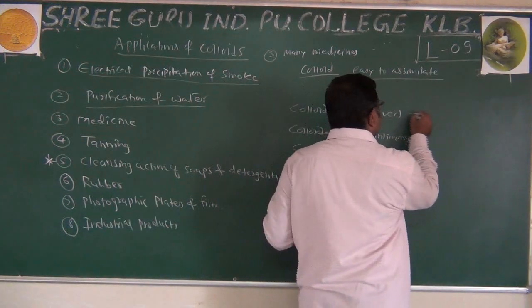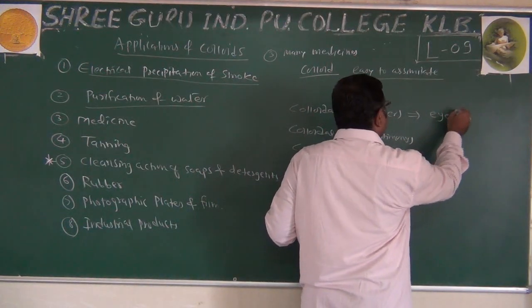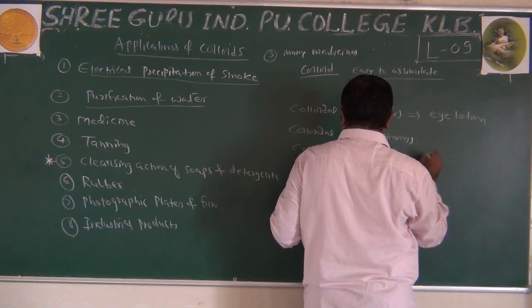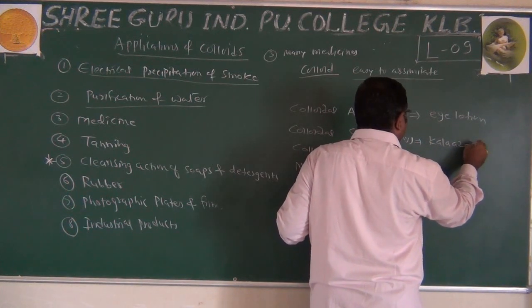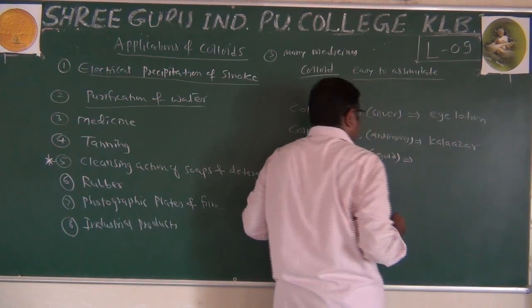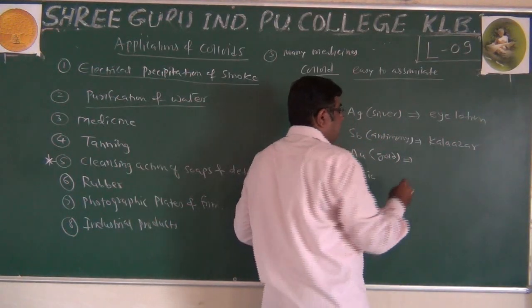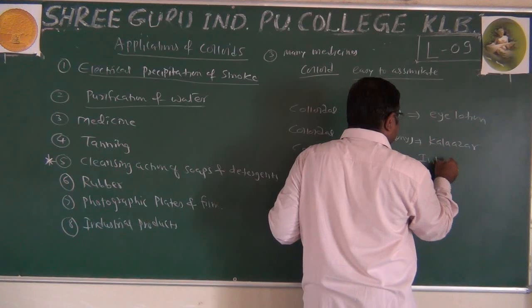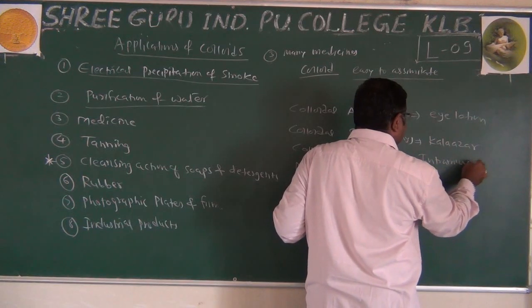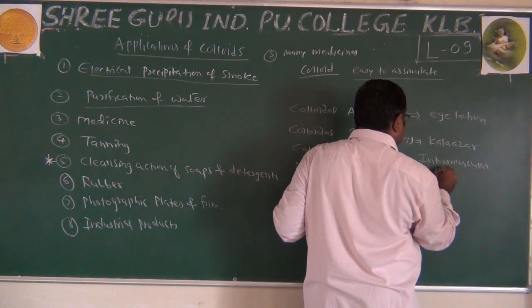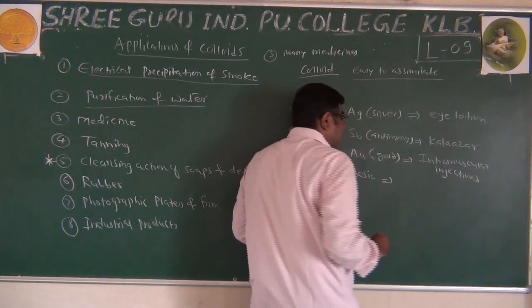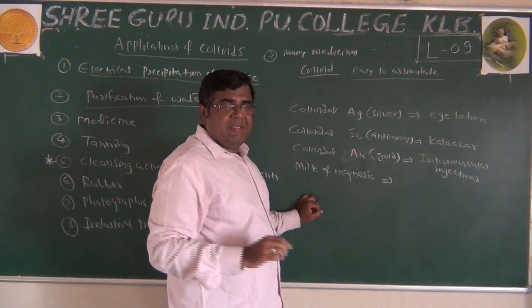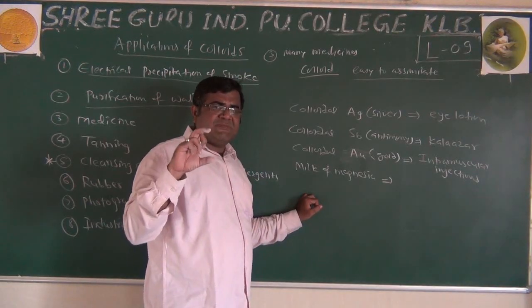The silver is used for eye lotion. Antimony is used for kajal. Gold is used for intramuscular injection. And milk of magnesia, that type of suspension, settles down.